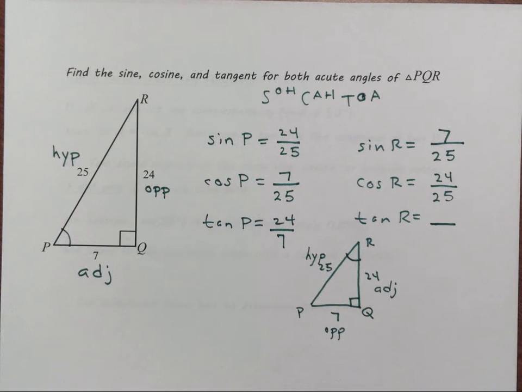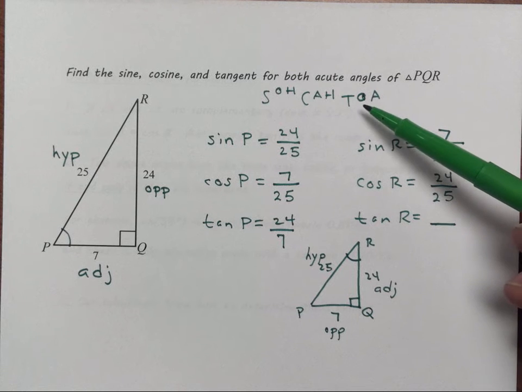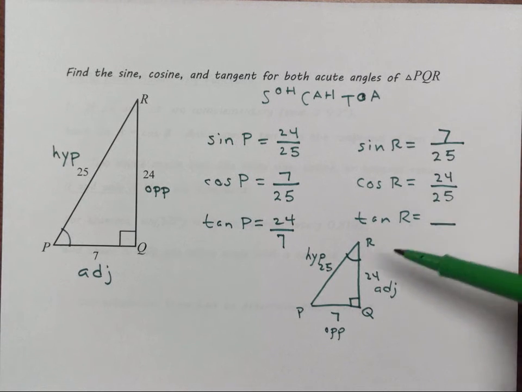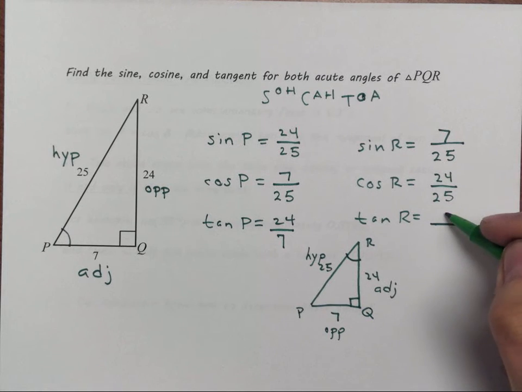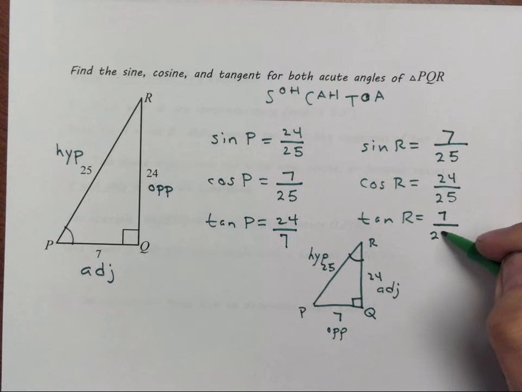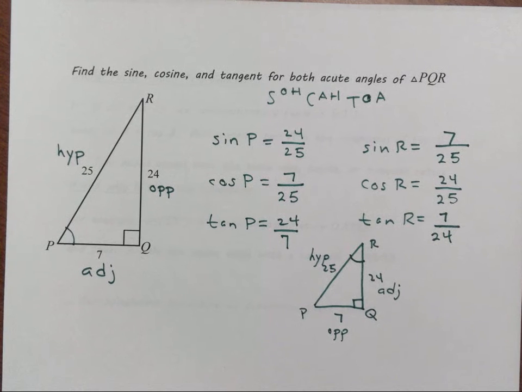The tangent of angle R. Well, tangent again refers to the opposite leg over the adjacent leg. Opposite angle R is 7, adjacent is 24. So I have now 7 over 24. I found the sine, cosine, and tangent for both of the acute angles of this triangle.